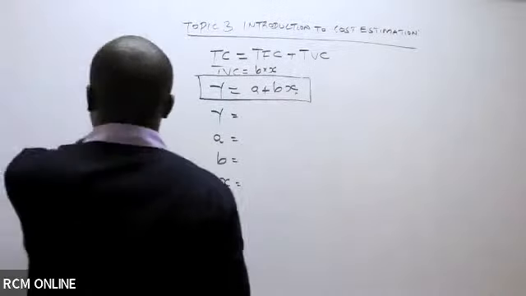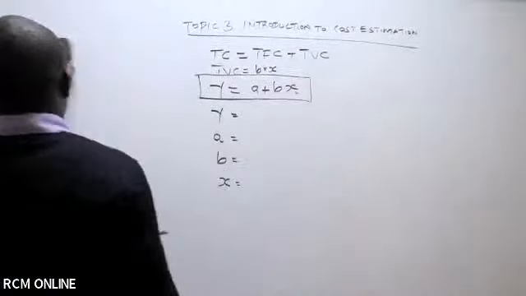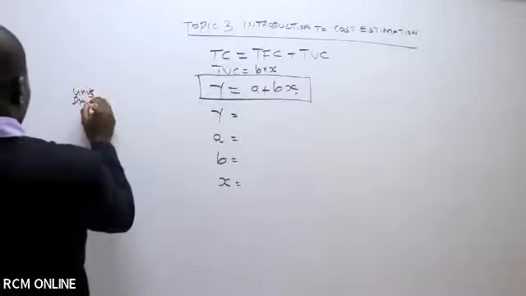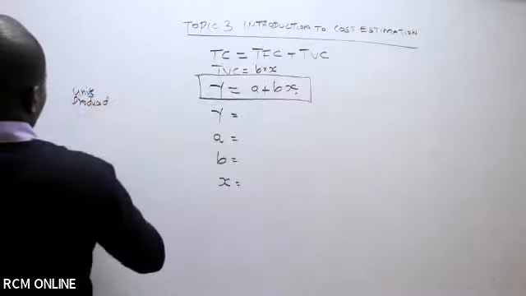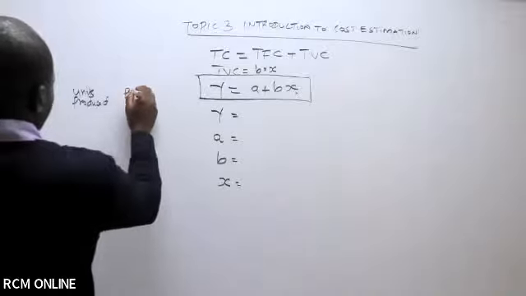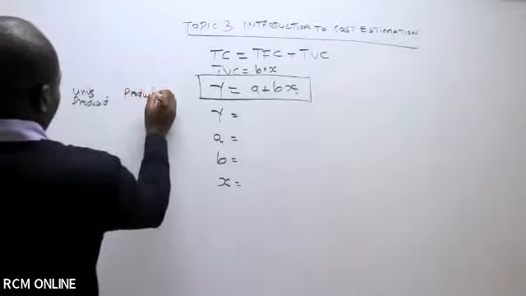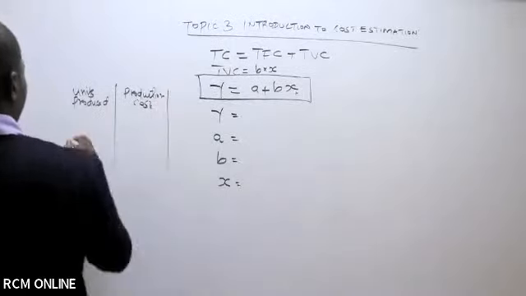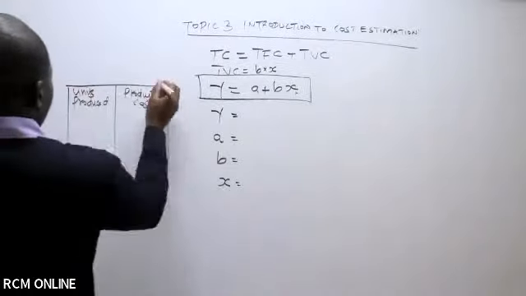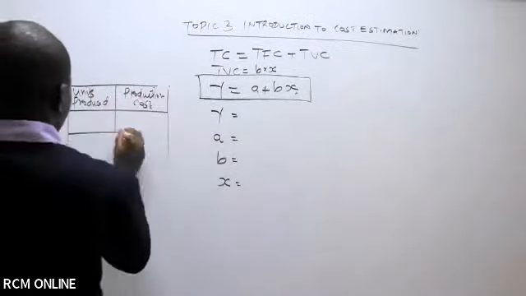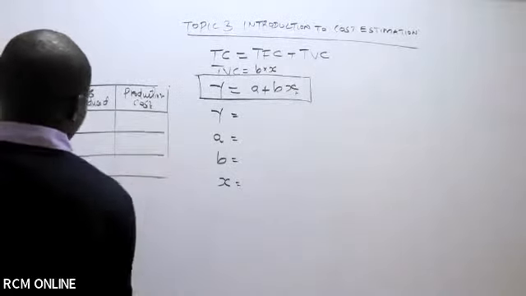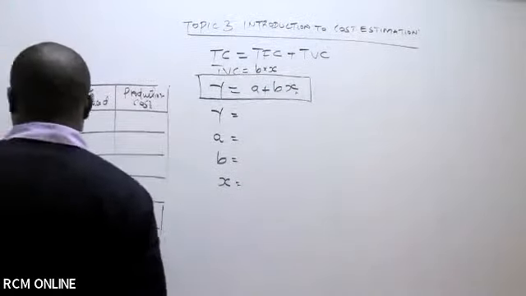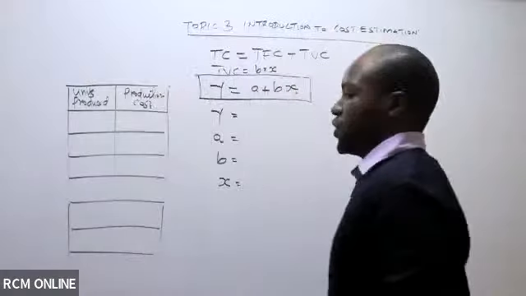Or alternatively, we can use units produced, then production cost. Units produced and then production costs. So this is just an illustration.